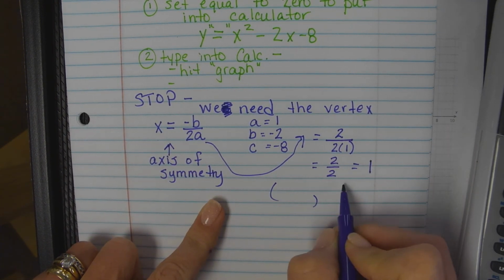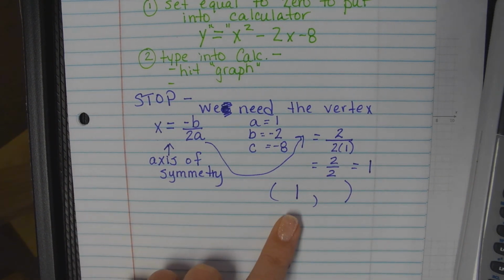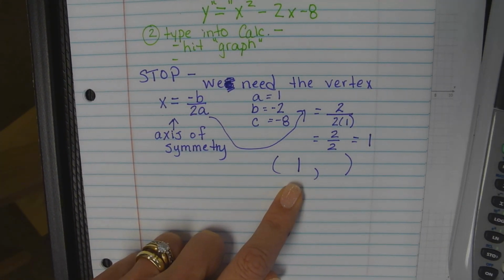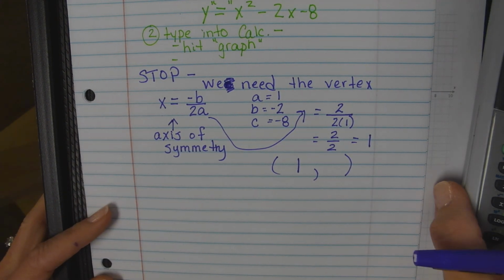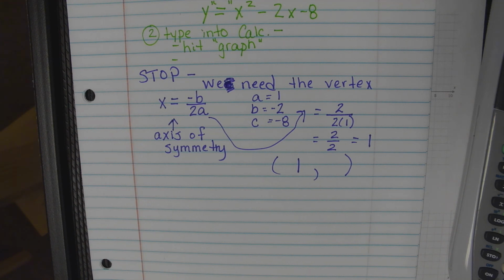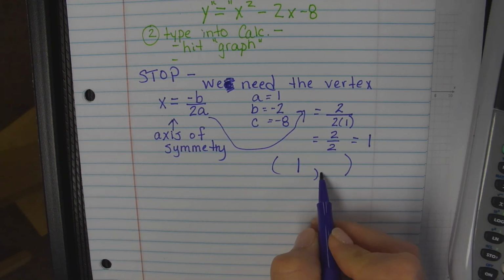So our vertex consists of x is 1. Bless you. All right, guys, this is the only time we actually do math. We're done. That's the hardest part of this. All right, what am I missing though on the vertex? The y.